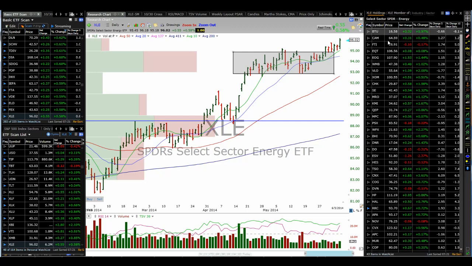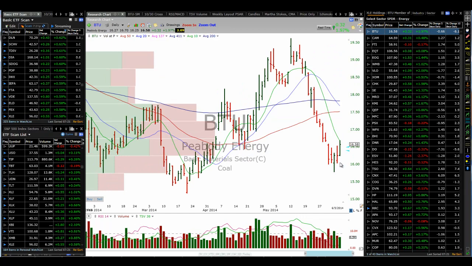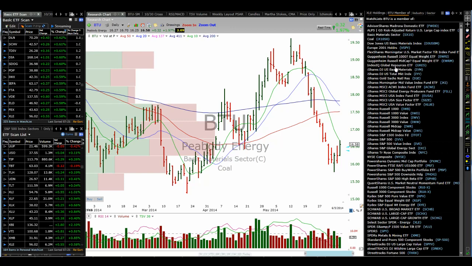So when you look at a stock in here, BTU is the number one performing stock on the top of this list for whatever reason, but if you take that, it bounces off the low. I can also come back here and ask it what ETFs BTU is a member of.